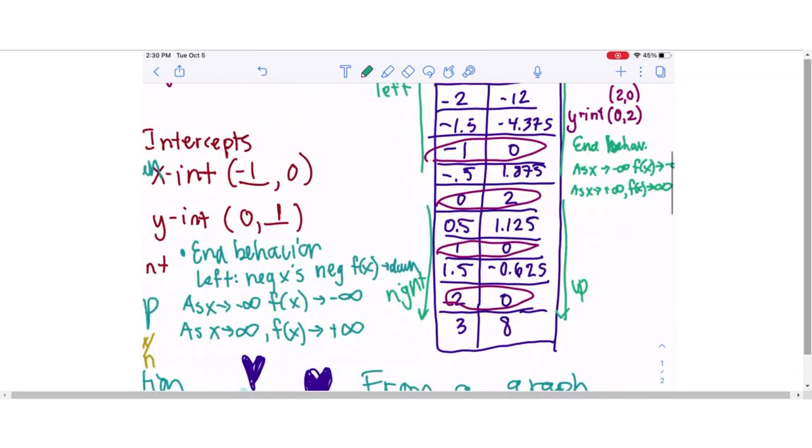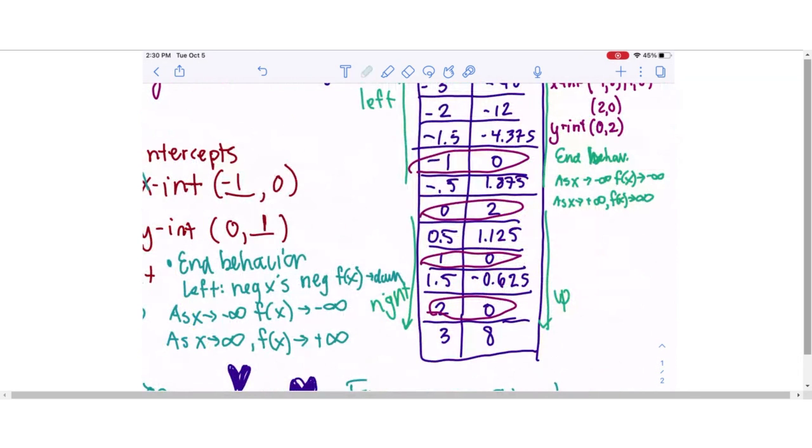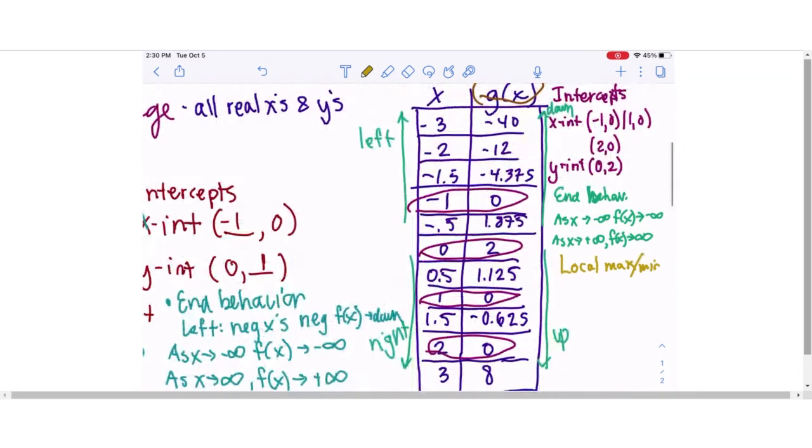Last part is the local max or min. So I'm going to go through all of these numbers between -40 and -12. I went up, up, up, still going up, and right there up.